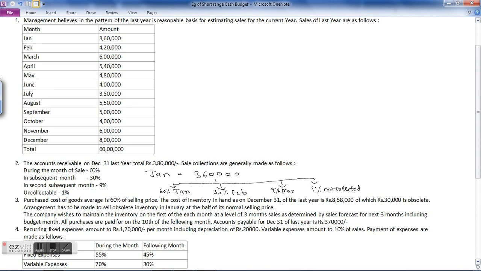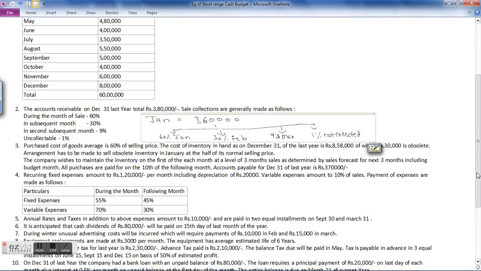So out of 3,60,000, this is how the collections of the sale will be. 60% in Jan, so 3,60,000 into 60%, this we will get in Jan. Then in February 30%, and so on. So this is how we will have to prepare a working for receipts from debtors.